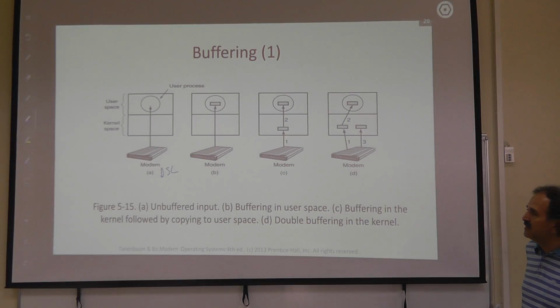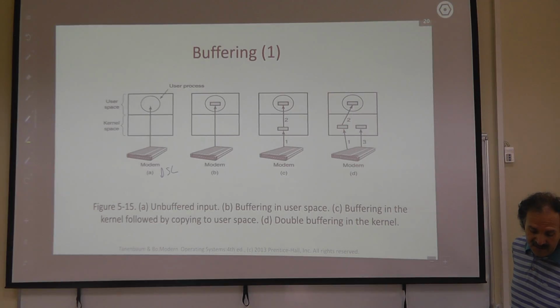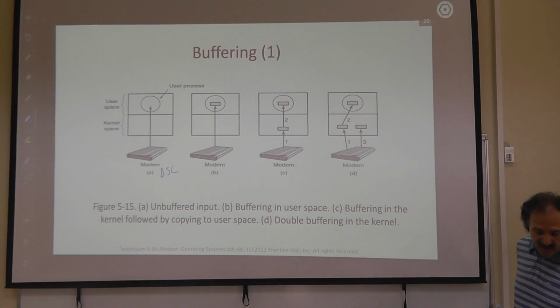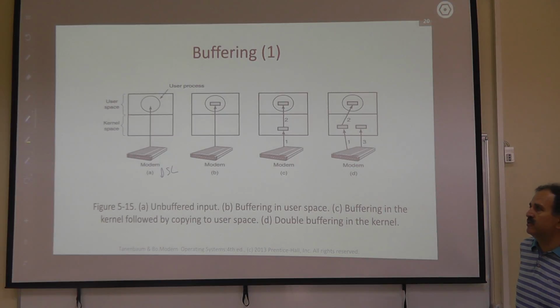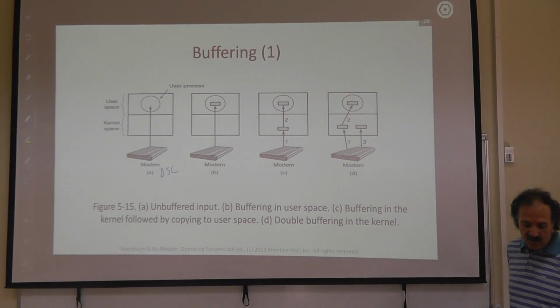Why does this have problems? Because if I am receiving this data from a DSL source, and this is my user space, and some other process is running other than my process, then since the data is not buffered, I might lose some of the data.